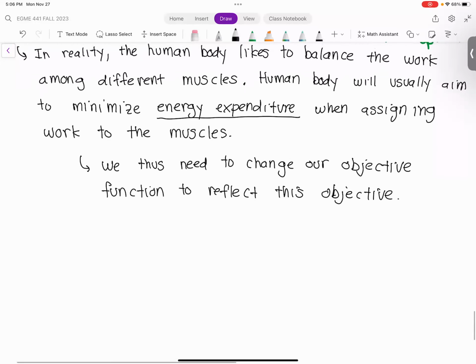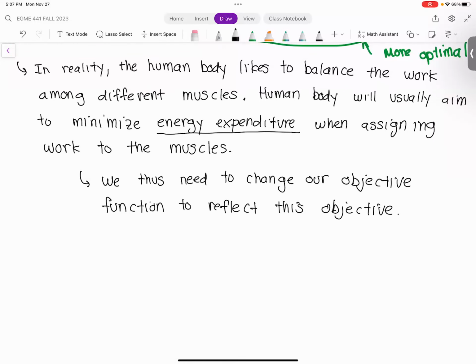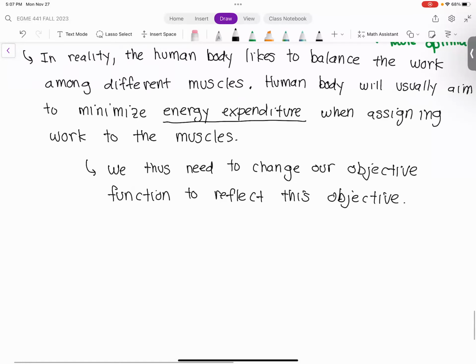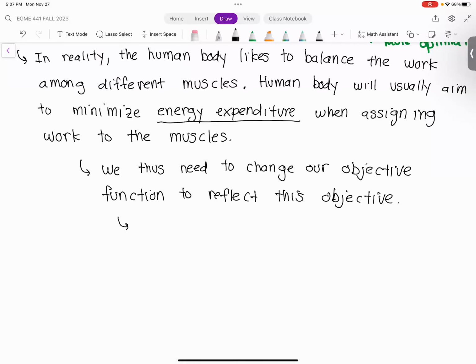Okay. So there's lots of ways that we can do this. I'm going to show you the general simplest way. This kind of objective function, it's not universal, and so there's definitely better ones out there, but it'll definitely give you a much better result than the previous one that we have. Okay. So we want to incorporate energy into our objective function in some way.